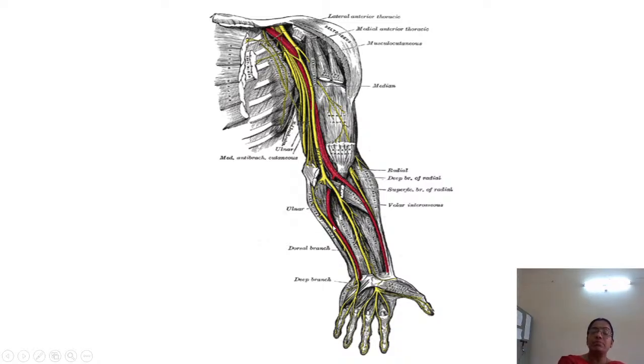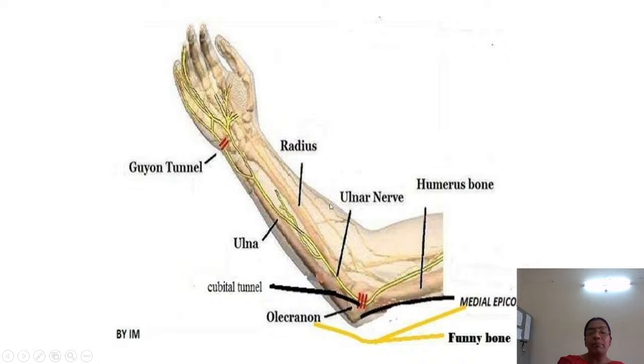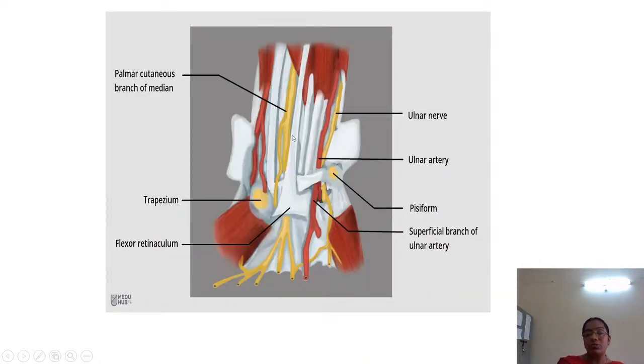In the forearm, it lies between the two heads of the flexor carpi ulnaris muscle. Next, the ulnar nerve passes above the flexor retinaculum along with the ulnar artery, unlike the median nerve, which passes beneath the flexor retinaculum. It enters the palm.